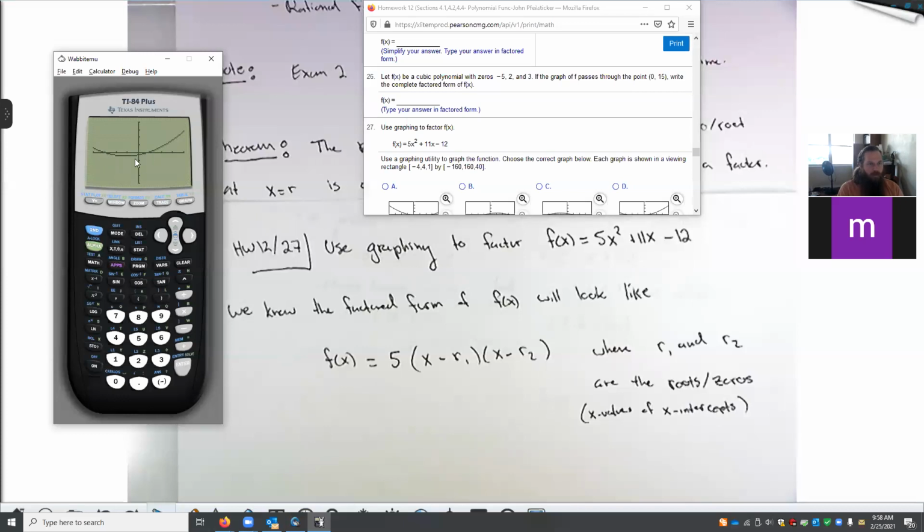So can we see what the roots are? I can hit the trace button and jump around on this thing and try to get a feel. So here's one of the roots. It's over here, where y is equal to 0. So look, when x is -3.06, y is a little bit above. And when x is -2.97, y is a little bit below. So what do you think that x-intercept is over there?